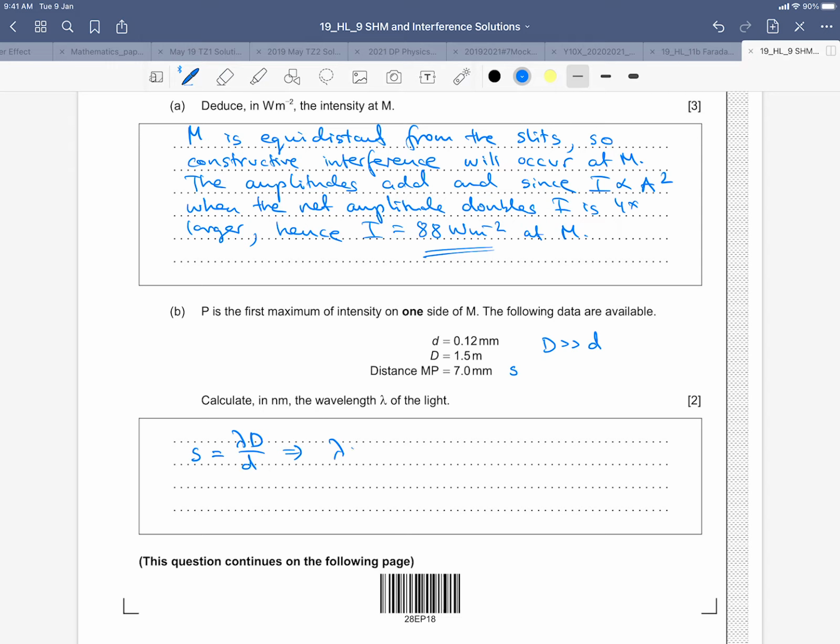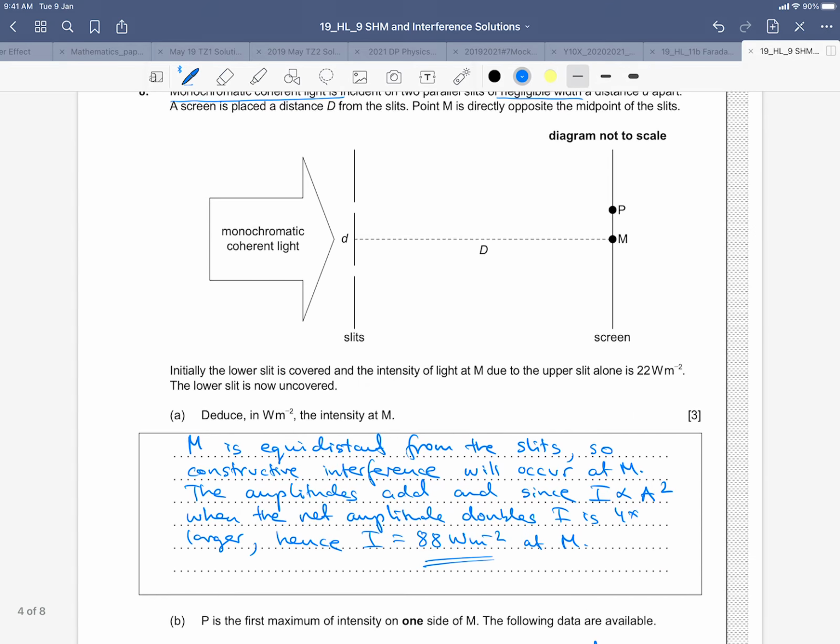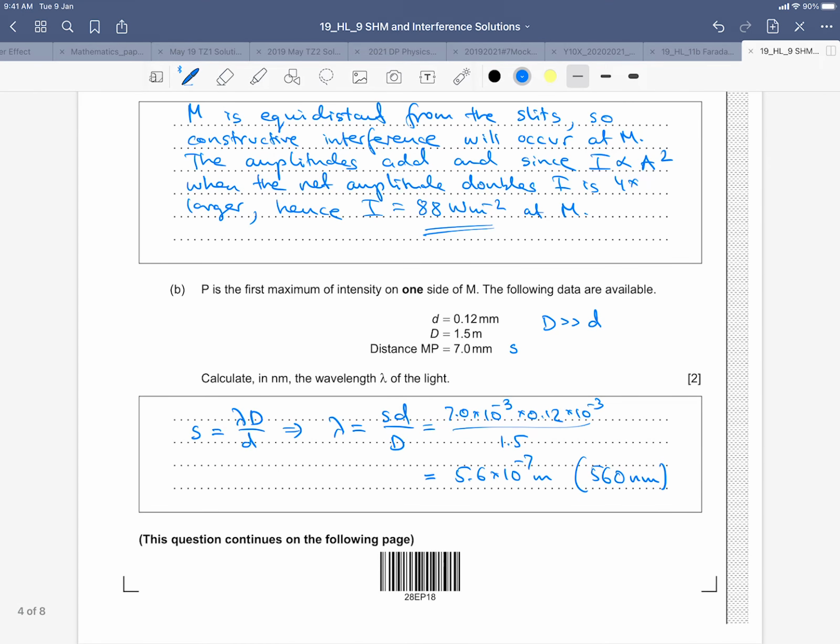And we can easily find the wavelength. Just plug in everything: 10 to the negative 3, D 10 to the negative 3, big D 1.5, and then you get something like 5.6 times 10 to the negative 7 meters, which is 560 nanometers. That sounds about right.